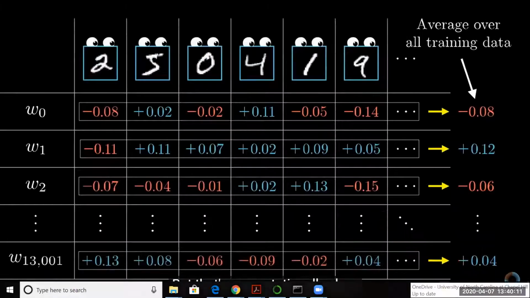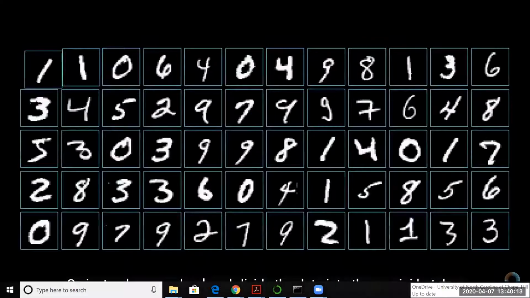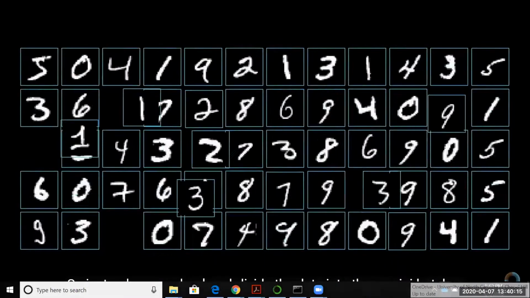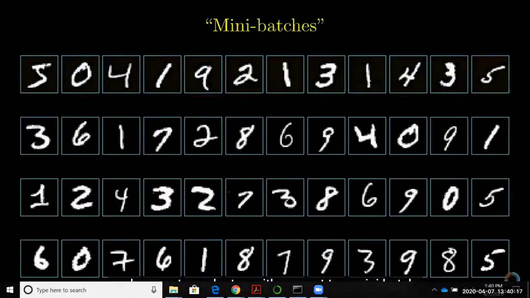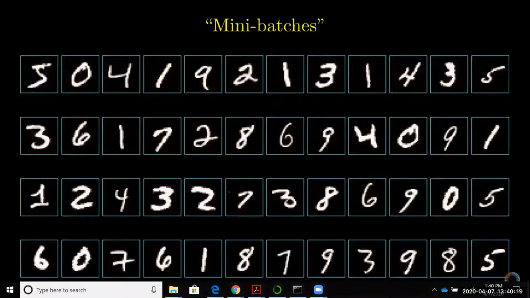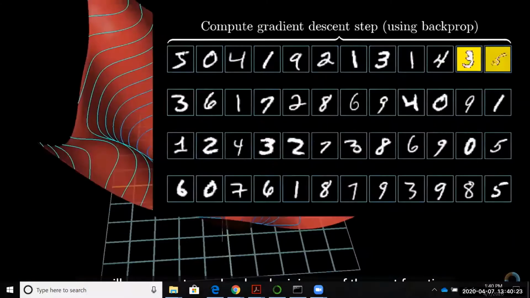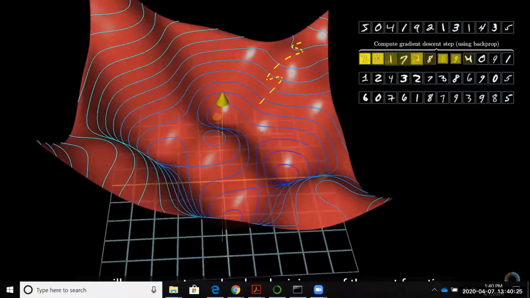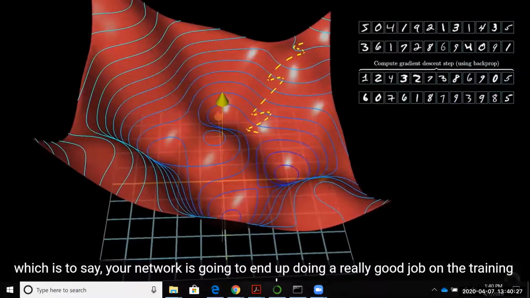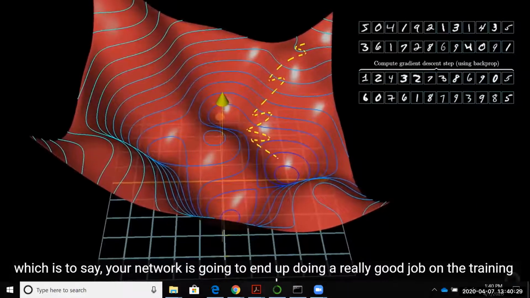But that's computationally slow. So instead, you randomly subdivide the data into these mini batches and compute each step with respect to a mini batch. Repeatedly going through all of the mini batches and making these adjustments, you will converge towards a local minimum of the cost function, which is to say your network is going to end up doing a really good job on the training examples.